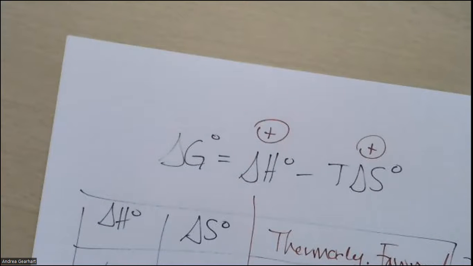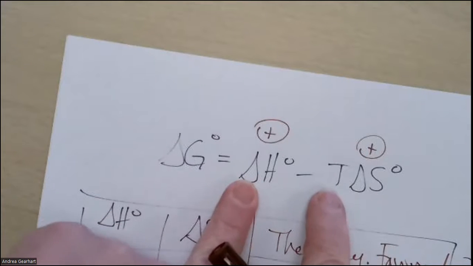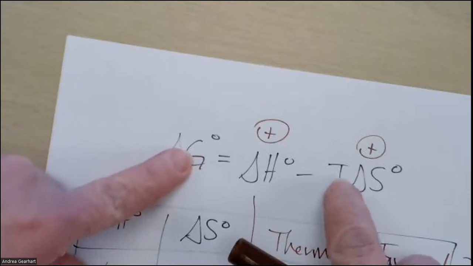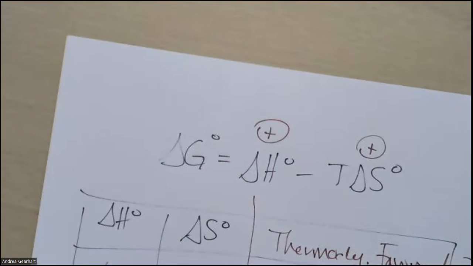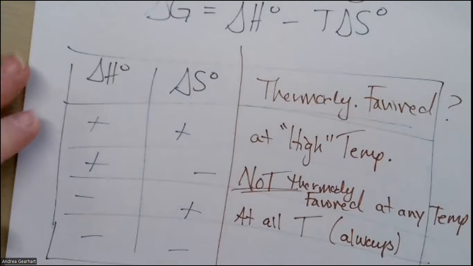A high temperature. And that is so generic. What do we mean by high temperature? Well, it depends on these values. Whatever will just start to put us over. This will be a negative value, and as soon as we get a temperature that makes this more negative than that is positive, no worries. So it'll be thermodynamically favored at high temp. And again, how generic. High temp.